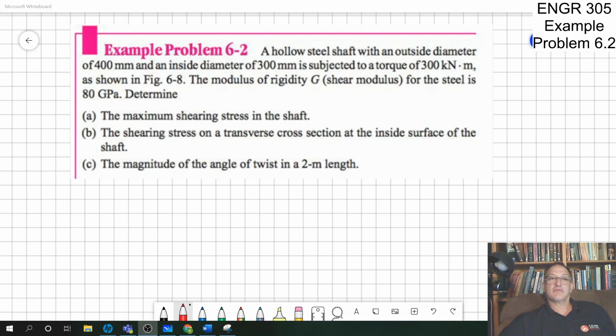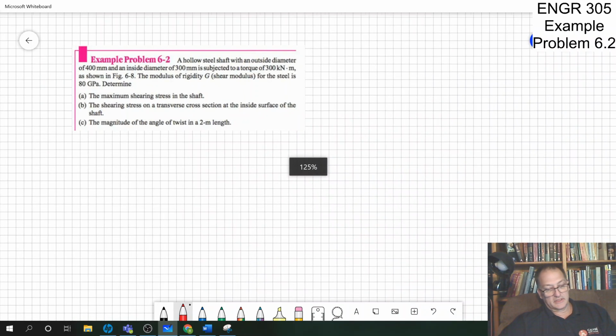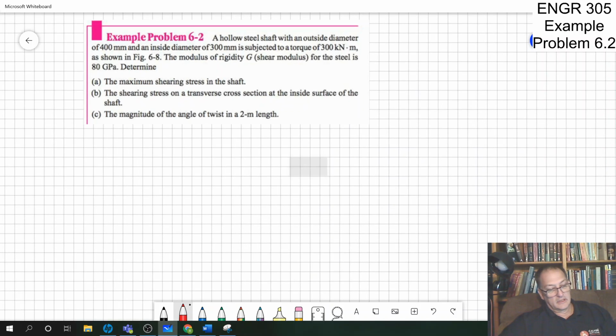The modulus of rigidity for steel is 80 gigapascals. So I'm going to shrink this, and put G is equal to 80 gigapascals. That's for steel.